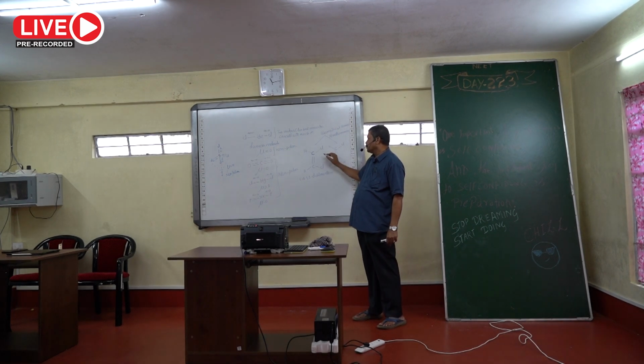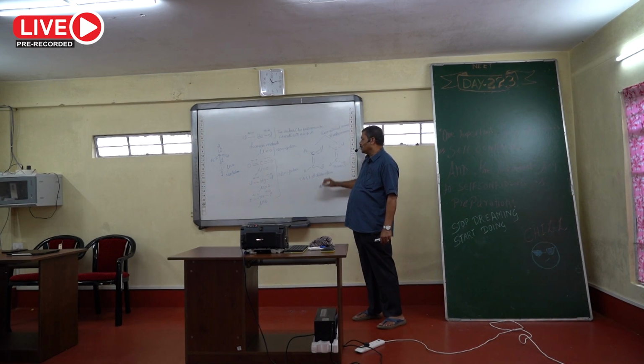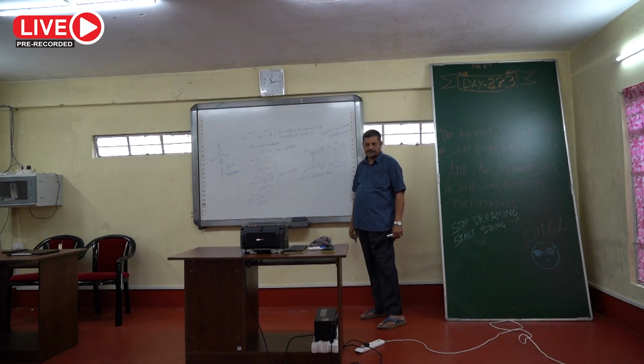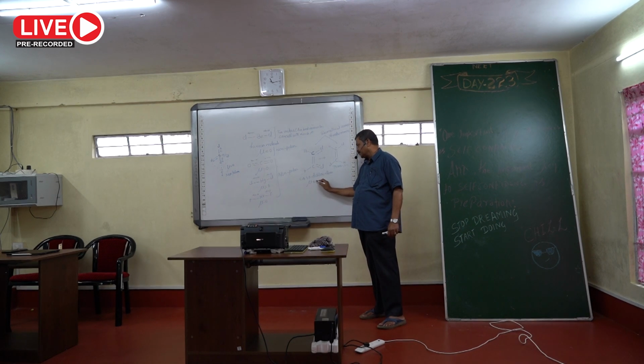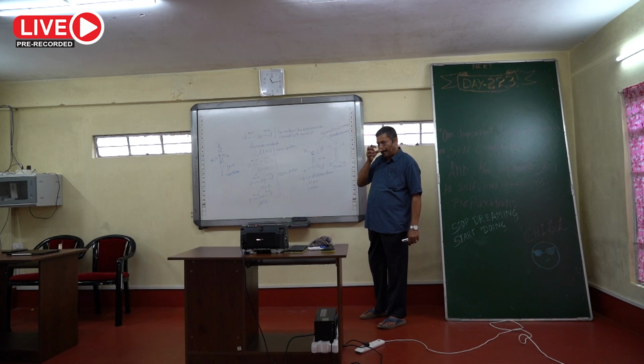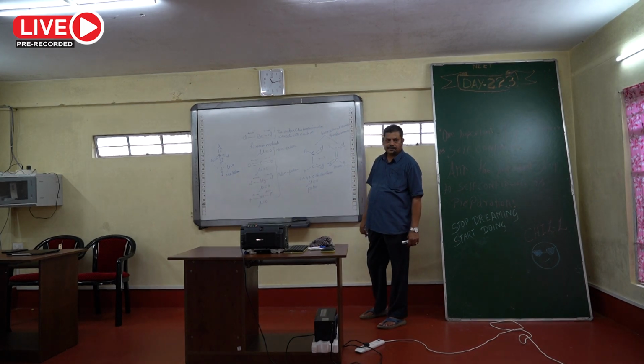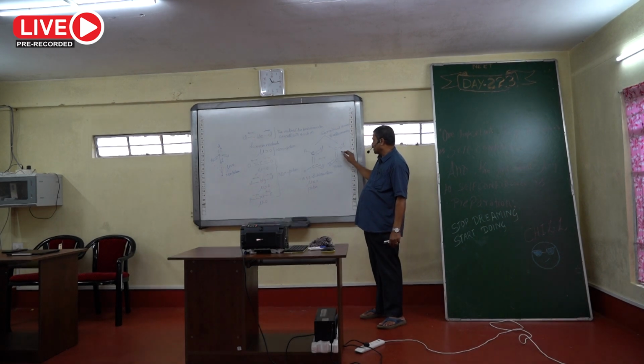In the cis form, this bond, with both the vectors, this vector and this vector, both are acting in the same direction. So mu is not equal to 0. That is, it is polar. Look at the trans isomer. Here two vectors are acting in opposite directions.